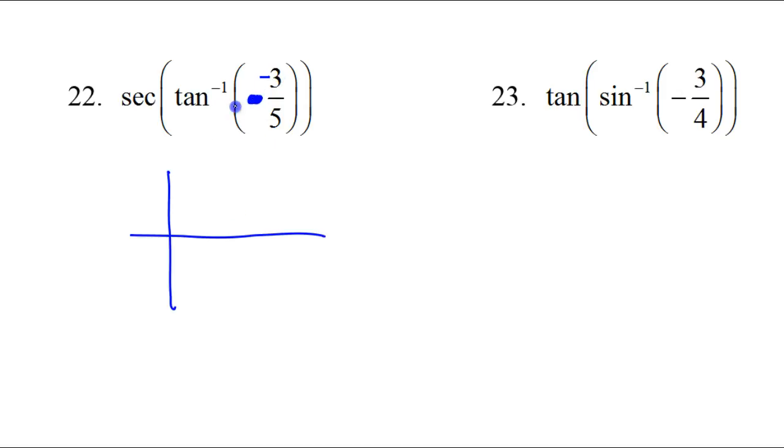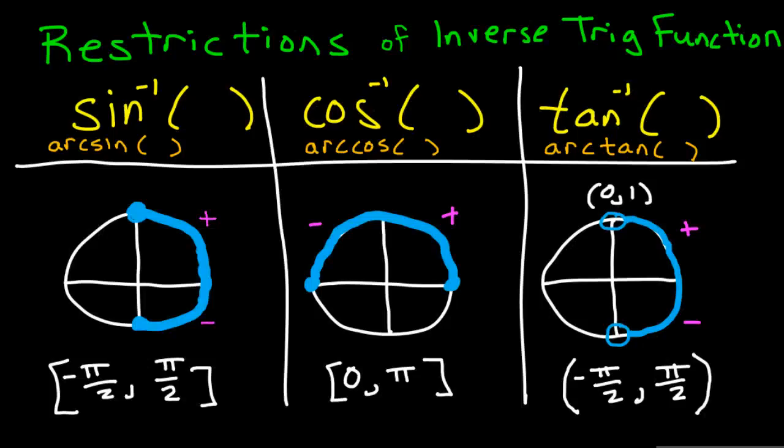So tangent is y over x. Okay, opposite over adjacent. So when I draw my diagram, I'm going to keep that in mind. Now I need to be careful because the inverse tangent function is only defined in the first and fourth quadrant.